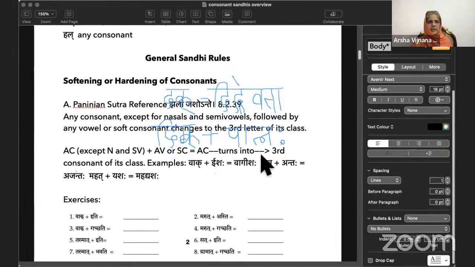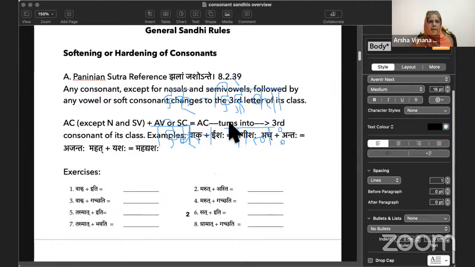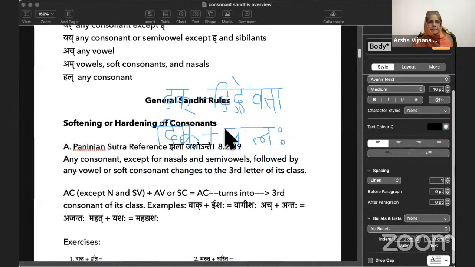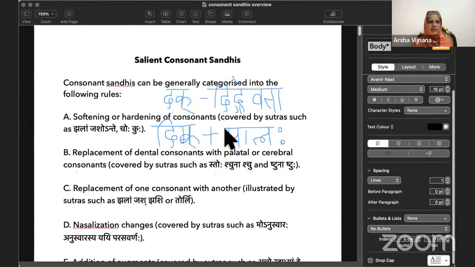Okay, and then similarly, where are they? Softening or hardening. Then we have the replacement of dental with cerebral. Now we can look at the cerebral example. Where is the pencil again?